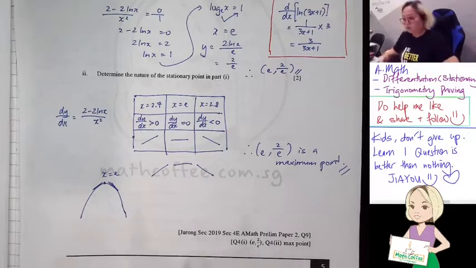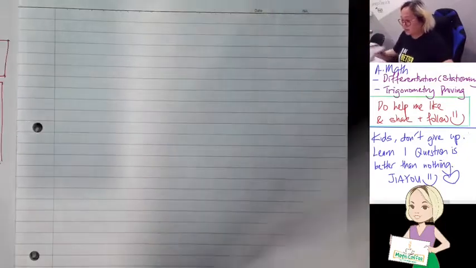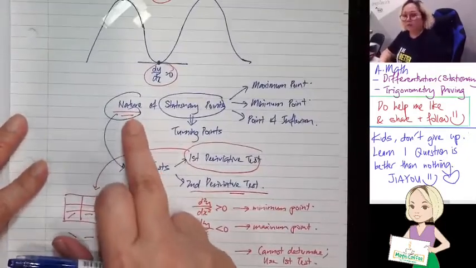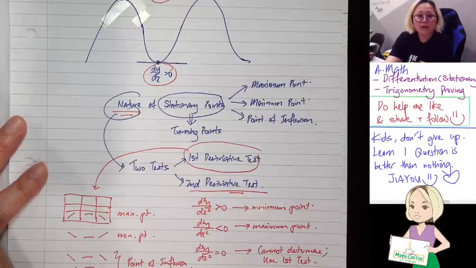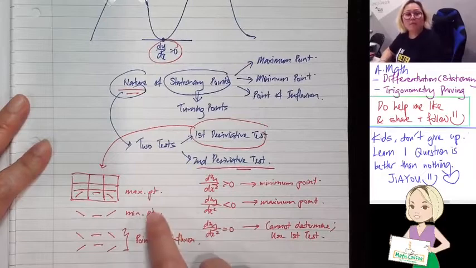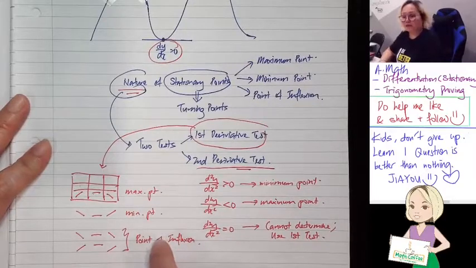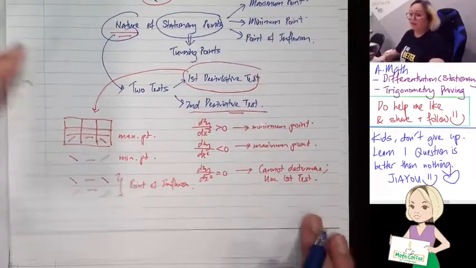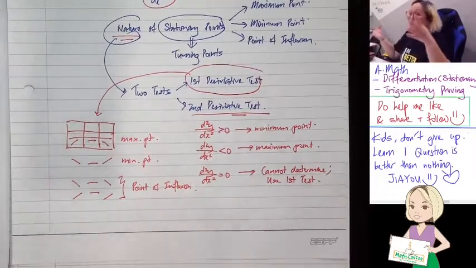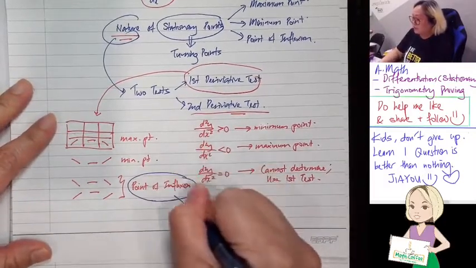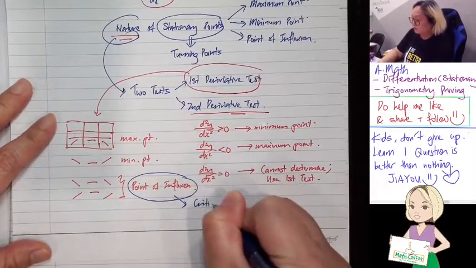Do you remember just now we mentioned the nature of a stationary point, you have three types: maximum point, minimum point, or point of inflection. So what is point of inflection? This one I didn't know, but thanks for asking. So now I learned something new. So point of inflection has a second name, critical point.